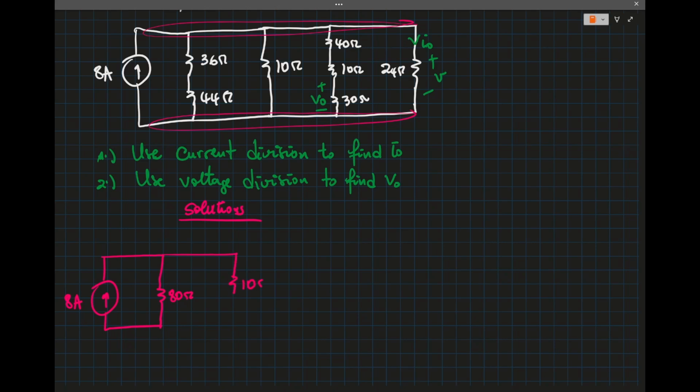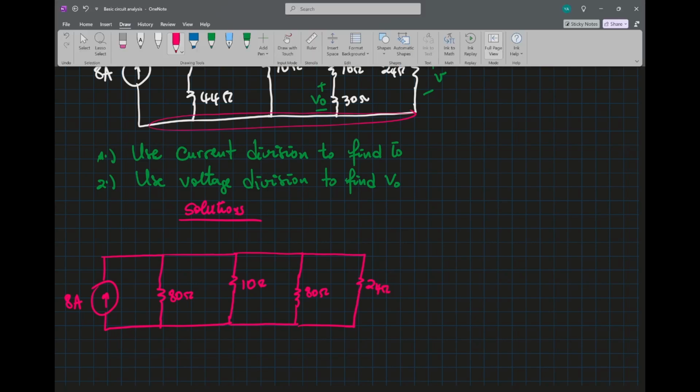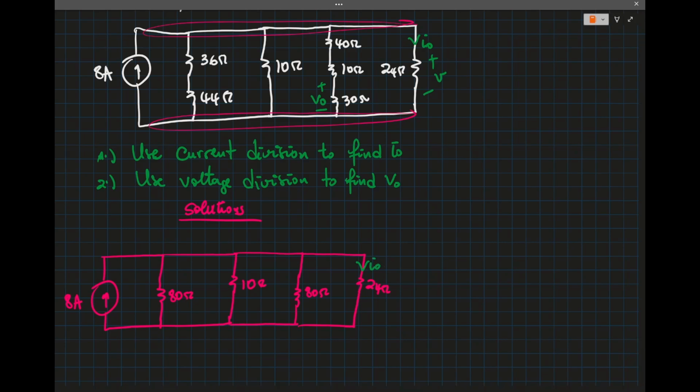Then in parallel with 10 ohms, and in parallel with 80 ohms, right? 10 plus 30 plus 40, which is 80, and then we have 24 ohms, and we want to find this current I0. So based on what we know, I0 will be 8 amps times R equivalent divided by 24.